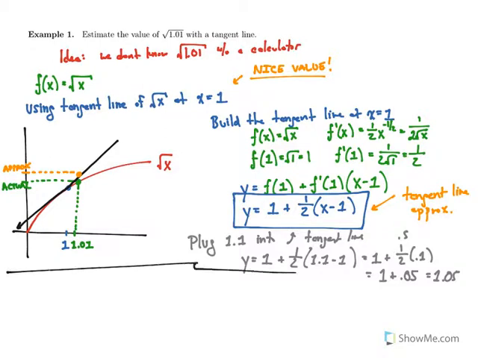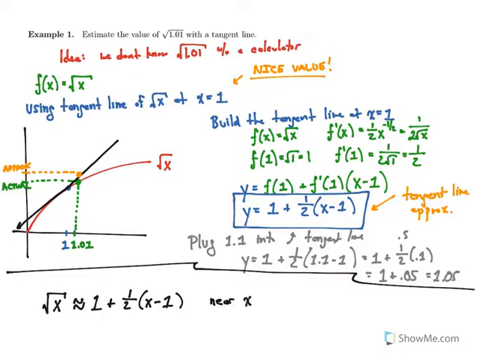Think about it a slightly different way, or have a formula. We're saying that the square root of x is going to be approximated by the line 1 plus 1/2 x minus 1 near x equals 1. Near that point, the tangent line is approximating the function. So this means that the square root of 1.01, well, I think I did 1.1 in the example.